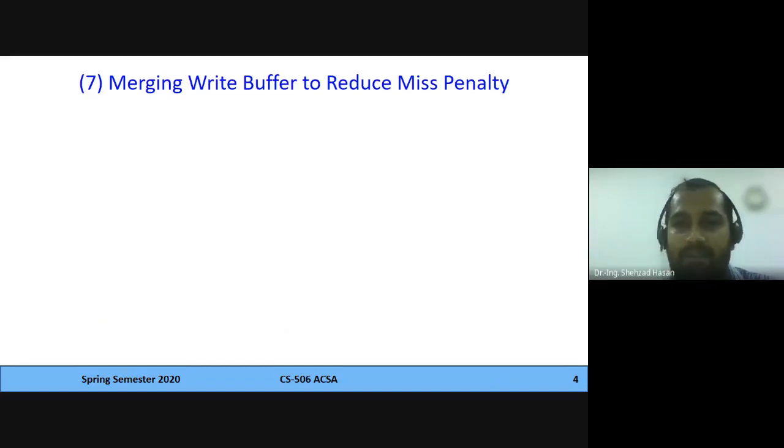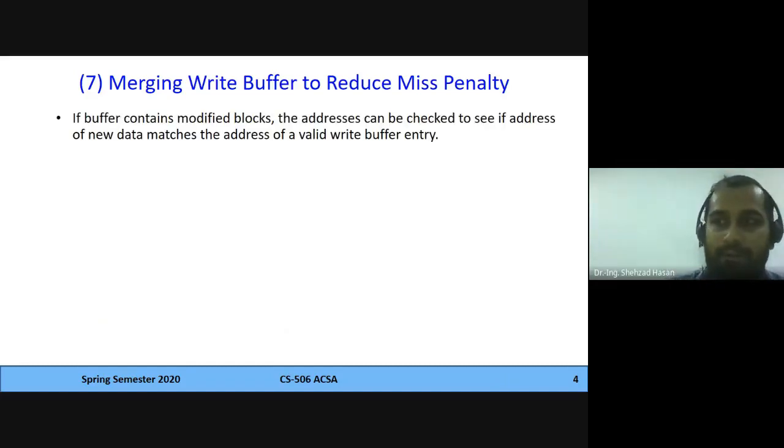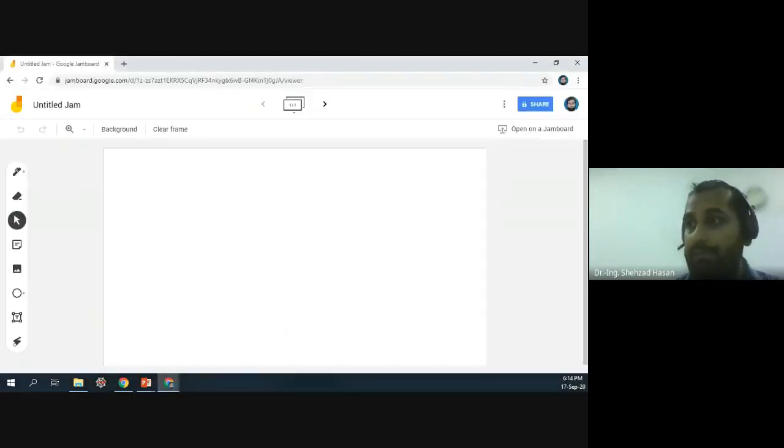Now, this optimization is to merge write buffer entries. What actually is this optimization? It says that if you have a write buffer, then there are different entries within that write buffer. I'm going to explain that through a diagram here. Let's say we have a write buffer which has, say, 4 entries.